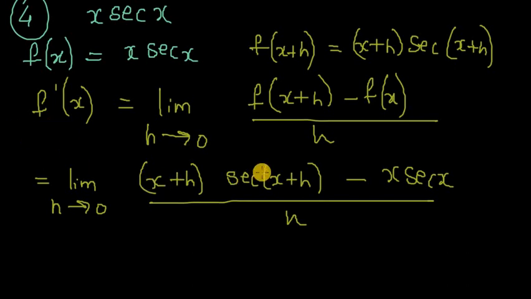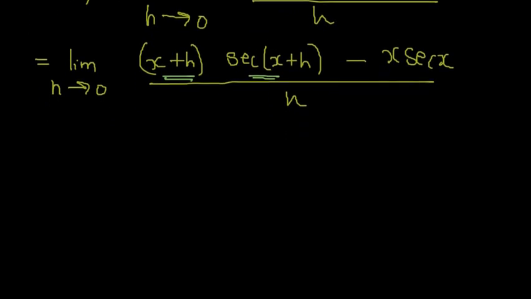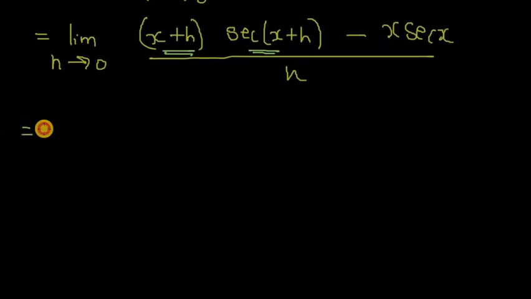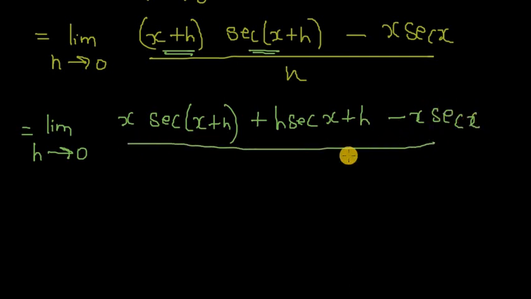Just simplify this part. Okay, x plus h multiplied by sec of x plus h. So simplifying it further, that gives you limit h tending to 0 of x into sec of x plus h plus h into sec of x plus h minus x into sec x, whole thing divided by h.